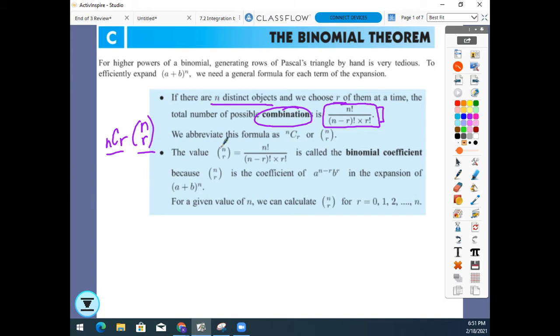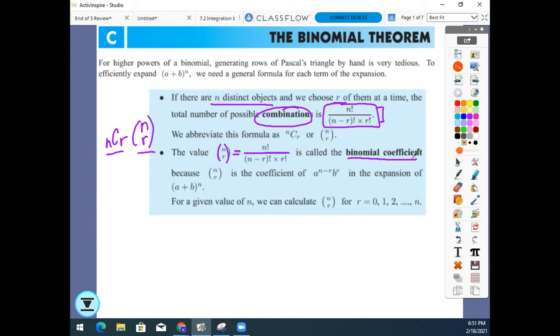All right, so when you see this notation, you just use the binomial coefficient. You use that formula. And that's how we find Pascal's triangle. That's how we find the binomial coefficient part of it.